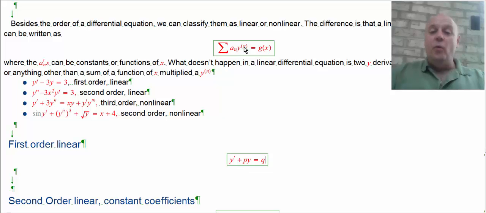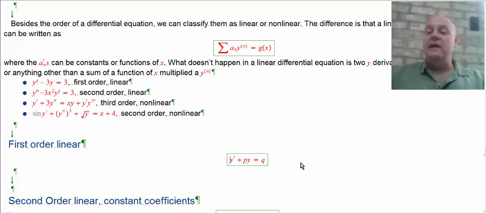A better way to think about it is that anything in front of the y prime, I divided out first so that I put it in this form, y prime plus py equals q. All first order linear equations can be put in this form, where p is a function of x and q is a function of x.